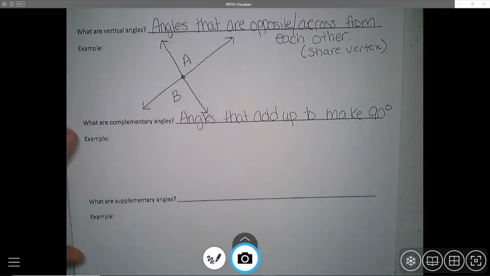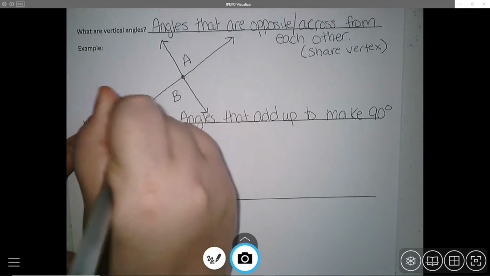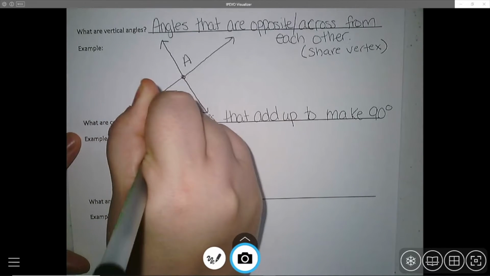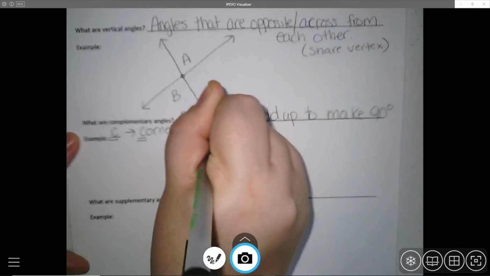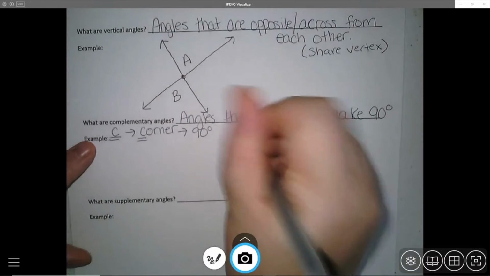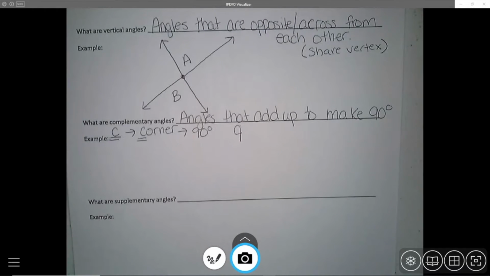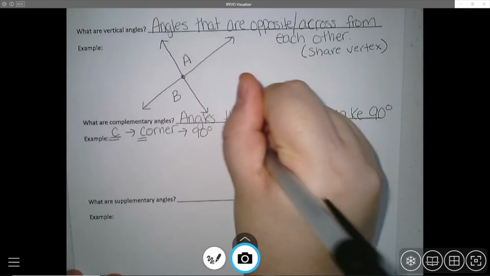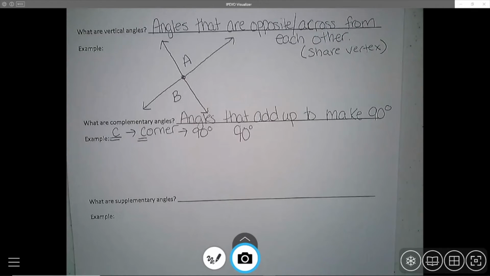Some ways of remembering this: some people look at the C from complementary and remember C from corner, and remember that that makes 90 degrees. Some people also see the C, and if they draw a line connecting it, they see the 9 to represent 90 that way. But complementary angles are angles that add up to make 90 degrees.